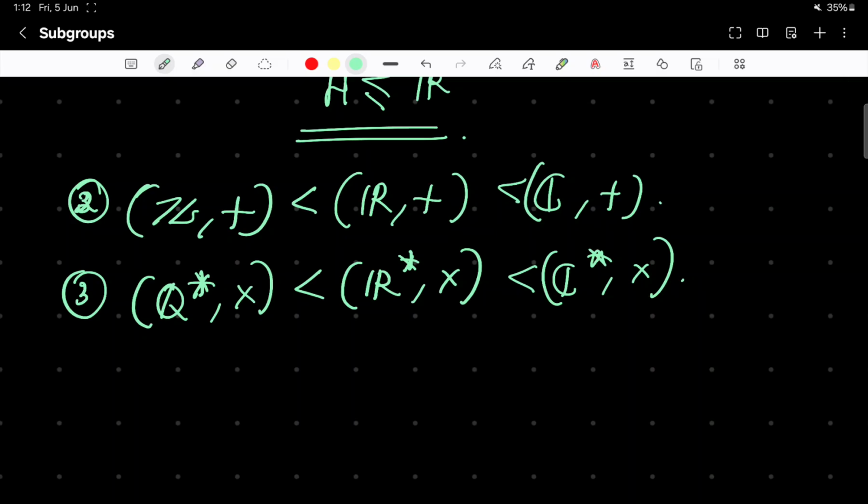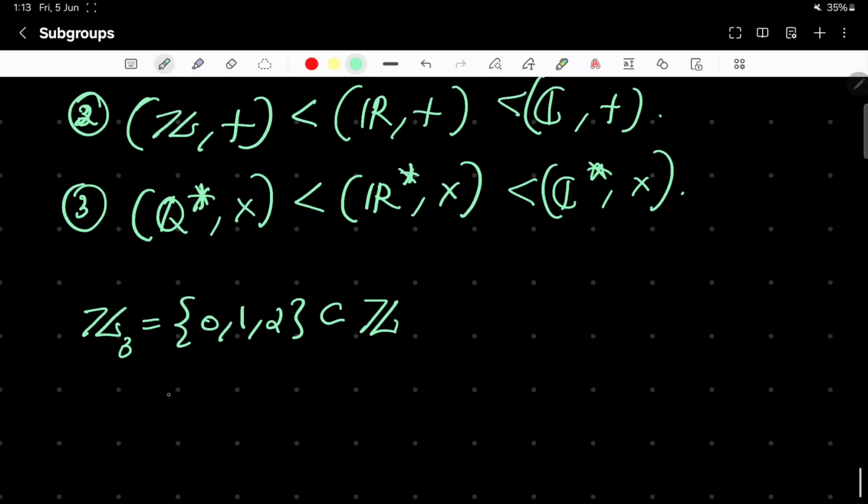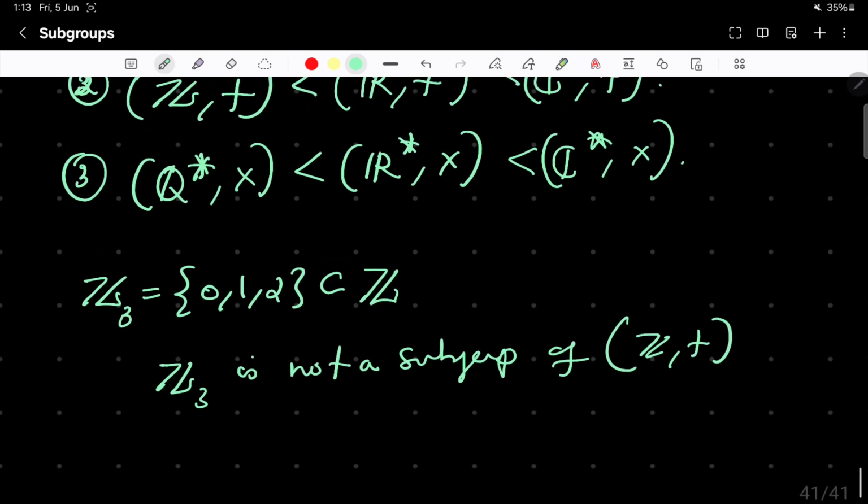Right? Now also look at Z3: 0, 1, 2 as a set is a subset of the integers, but Z3 is not a subgroup of Z under addition, because under normal addition it is not a group.